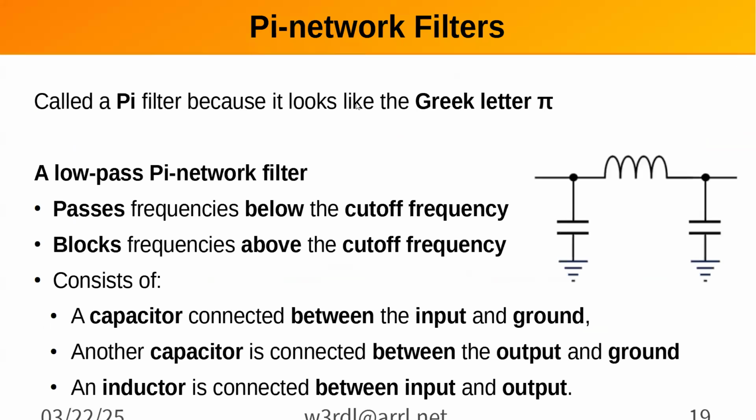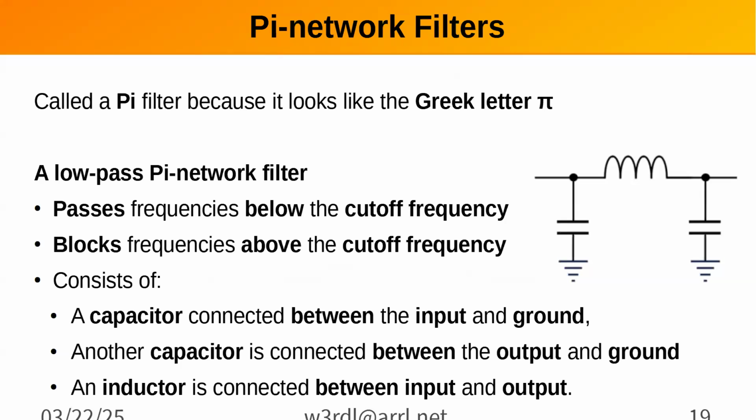The other configuration you normally see is a pi, because it looks like the Greek letter pi. It's typically what you're going to see as the matching network on the output of the power amplifier, where you tune the load and the plate. That's those two capacitors.